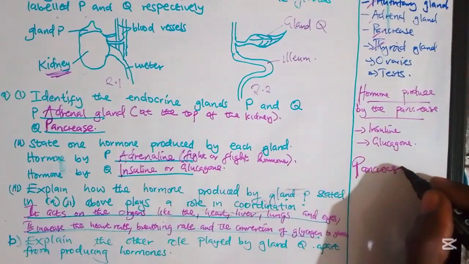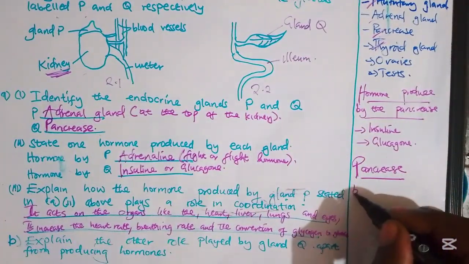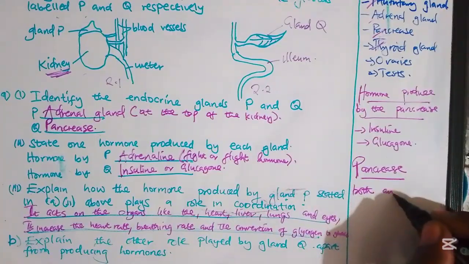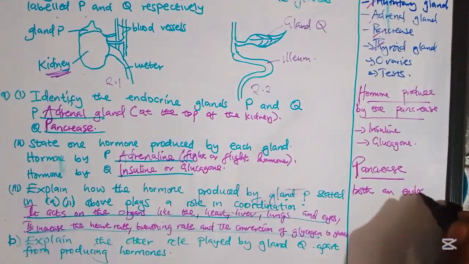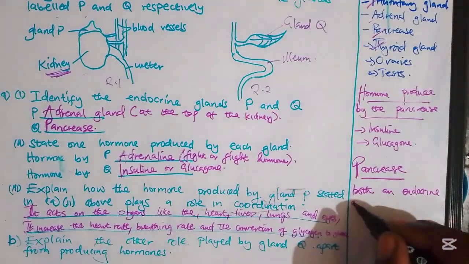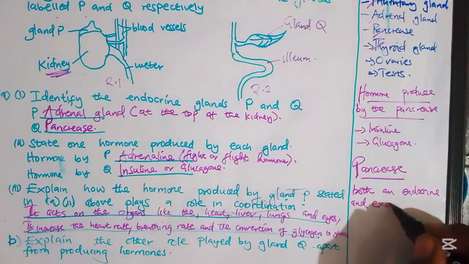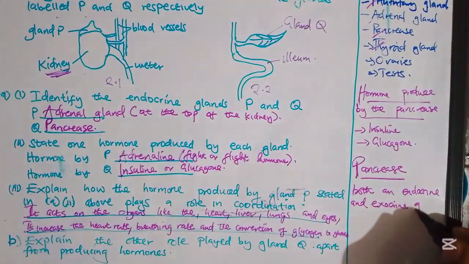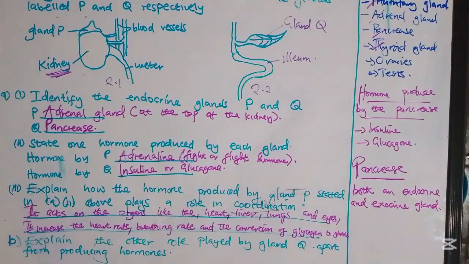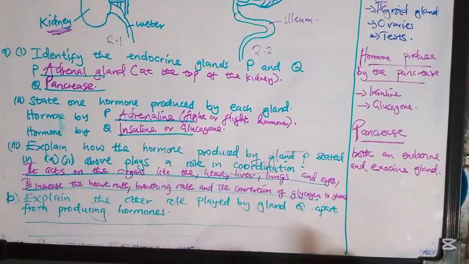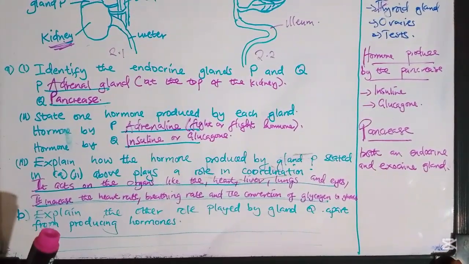Remember that the pancreas is both an endocrine and exocrine gland, meaning it works on coordination and it also works in the digestive system. So here they are saying the other role, meaning they want you to explain how the pancreas plays a role in digestion.